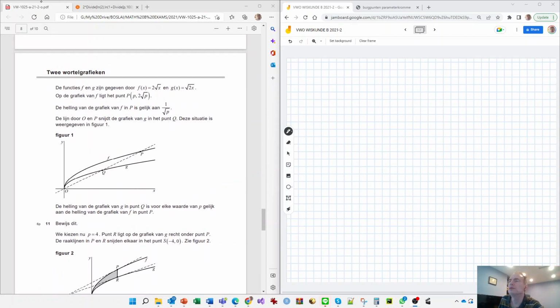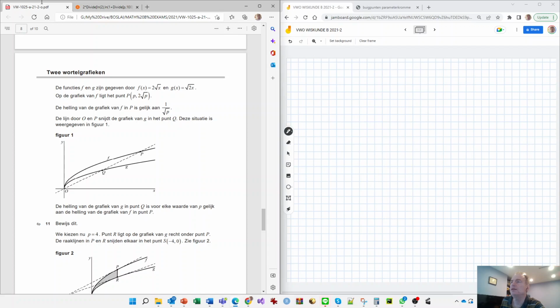Two graphs of square roots. We have a function f and g, and on f we have this point P. The slope of f at P is 1 over the square root of P. So they already give that.